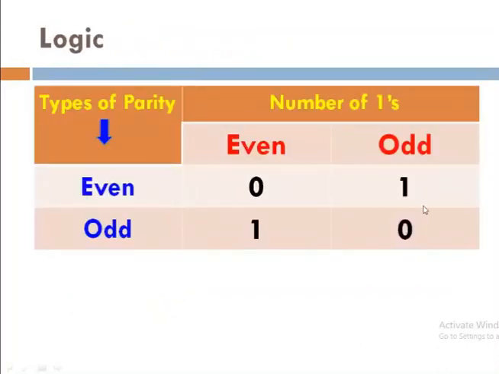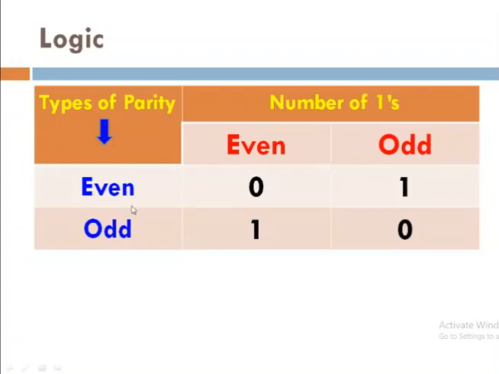The same logic can be explained with the help of this table. Here you can see there are two types of parity, even and odd, and it depends on your number of ones, either an even number or an odd number.